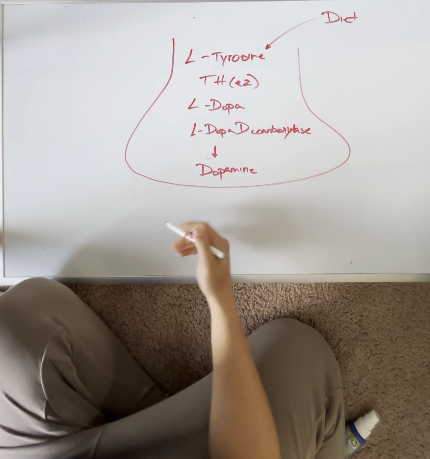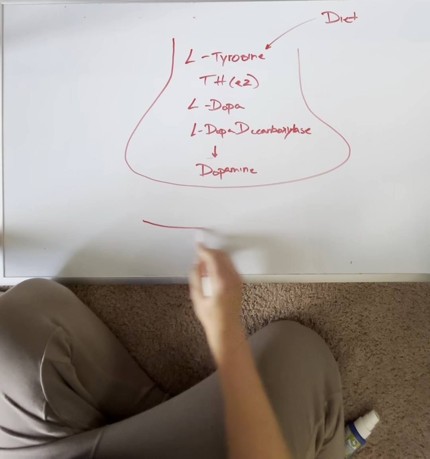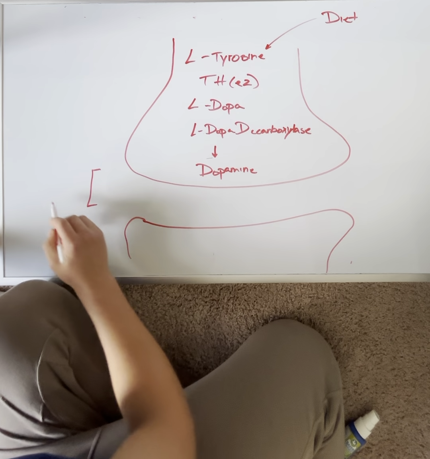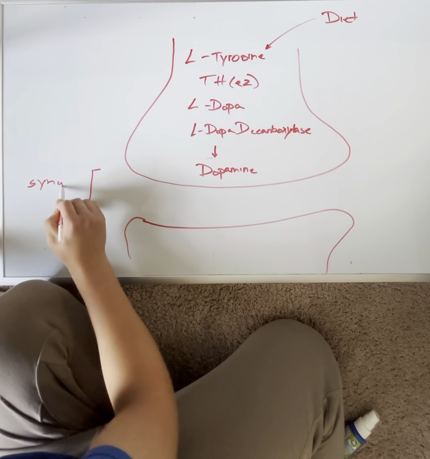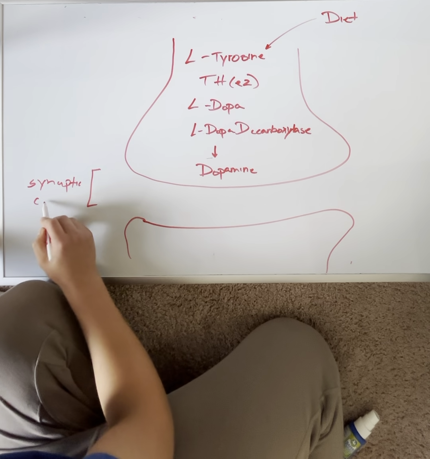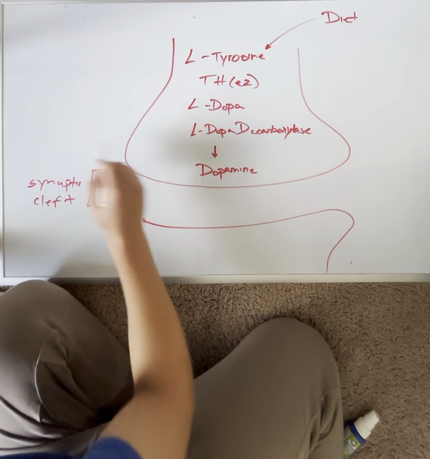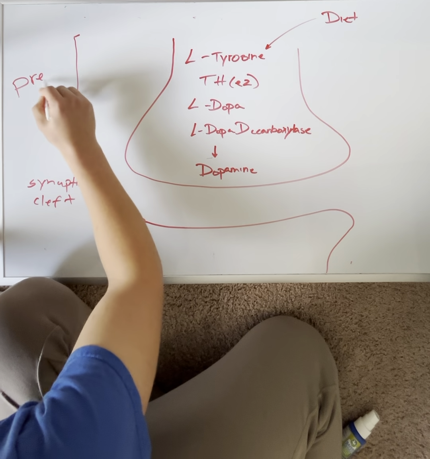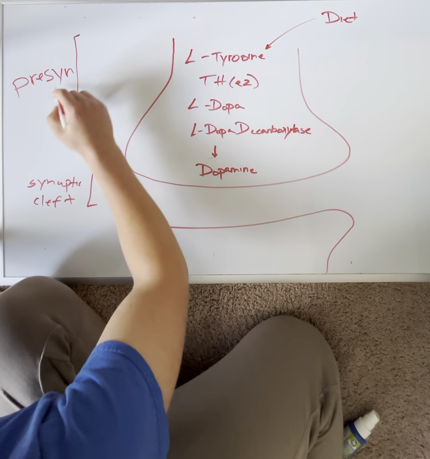But before dopamine can be released into the synaptic cleft, which is this gap between the two neurons, here we have the presynaptic neuron.